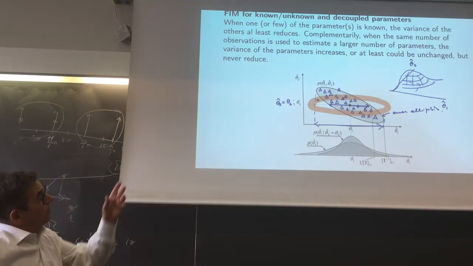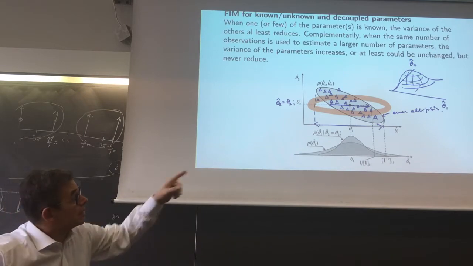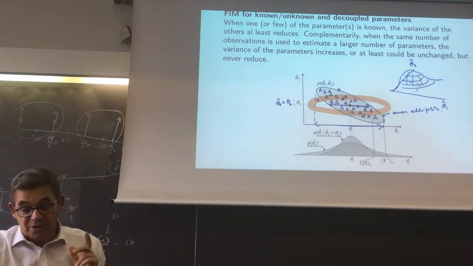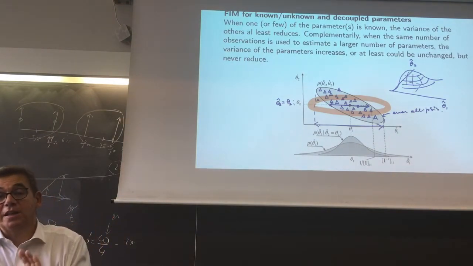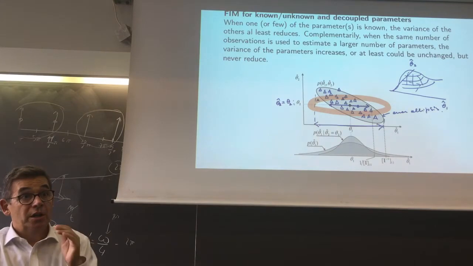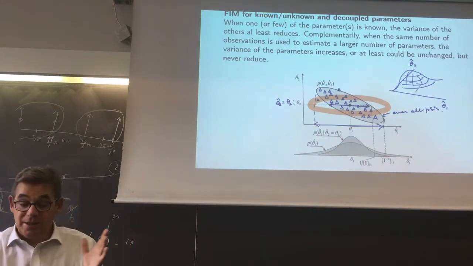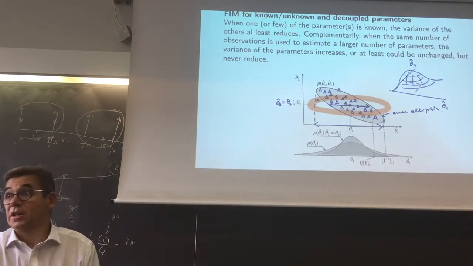Okay. Now, if the error ellipsis is oriented this way, with respect to the principal axis of theta 1 and theta 2, then it doesn't matter if theta 2 is known or not. If theta 2 is known or not, the accuracy in estimating theta 1 is totally irrelevant.